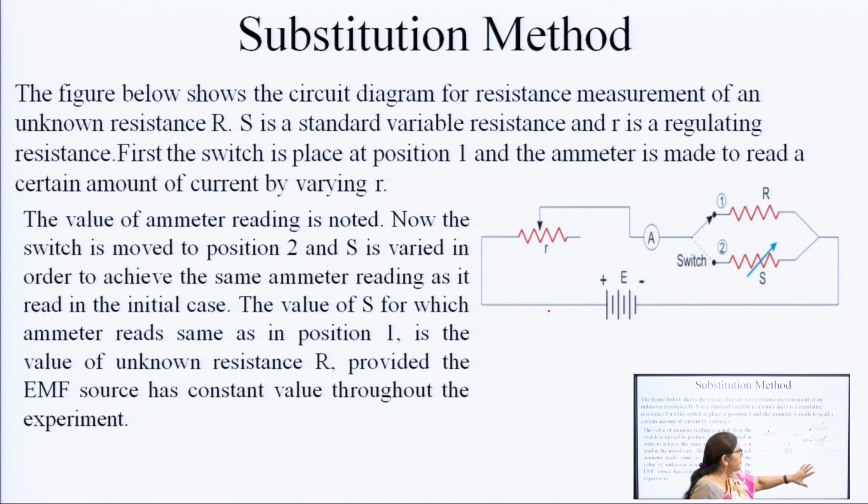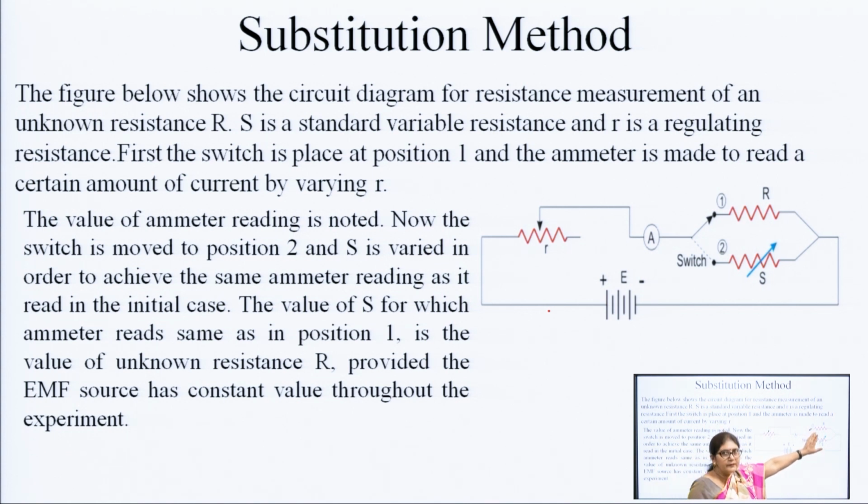First we put in our unknown resistance and note the value of the ammeter, because the voltage E is a standard value. Then we will put in the standard resistance.